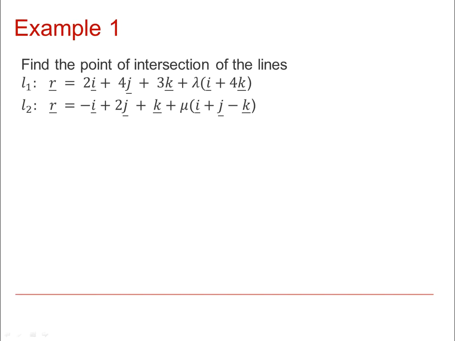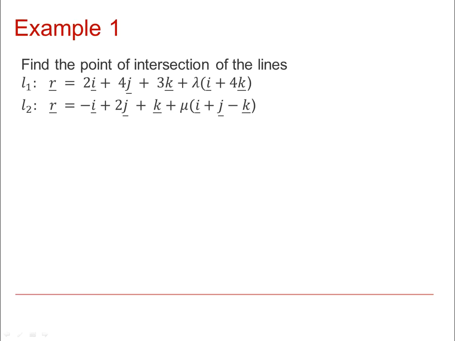So if we've got 2 lines here and we're told that there is a point of intersection, then what we need to do is to write from these the equations of the coordinates for x, y and z and equate those.